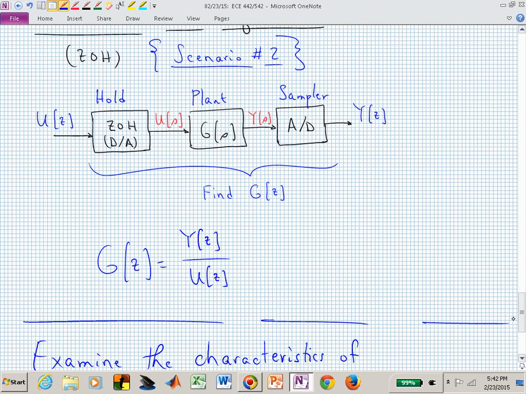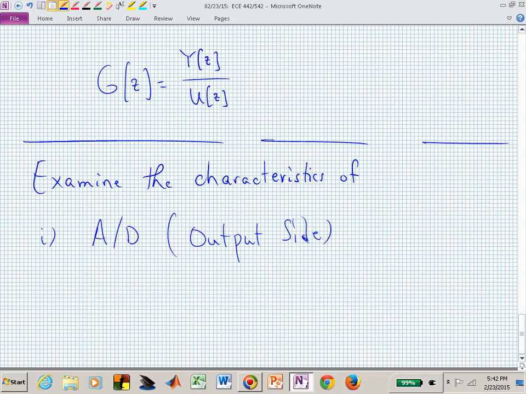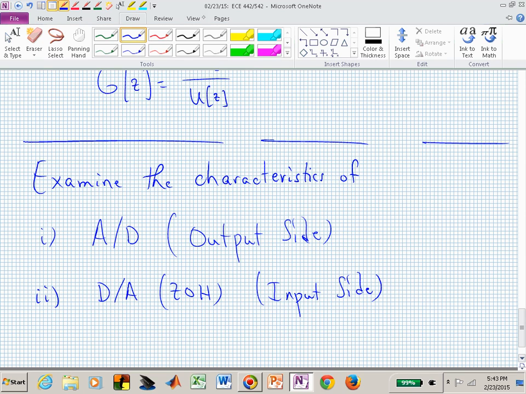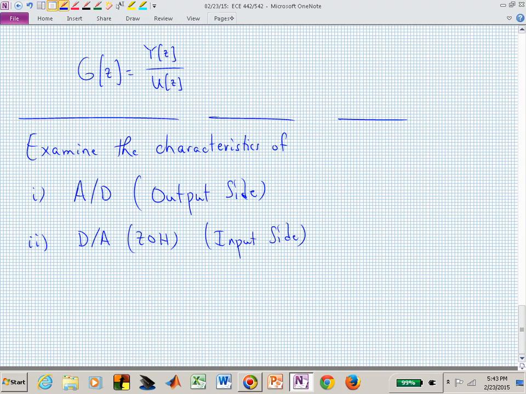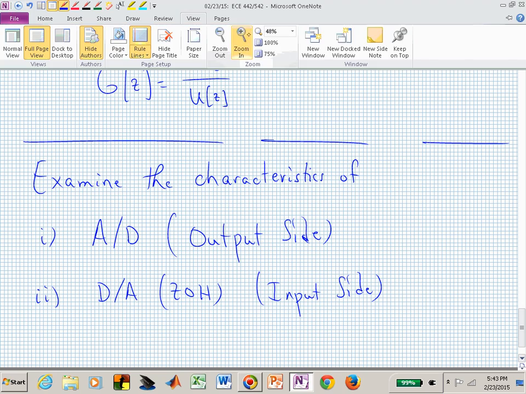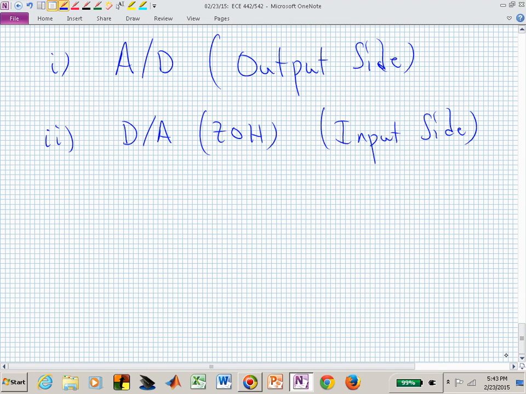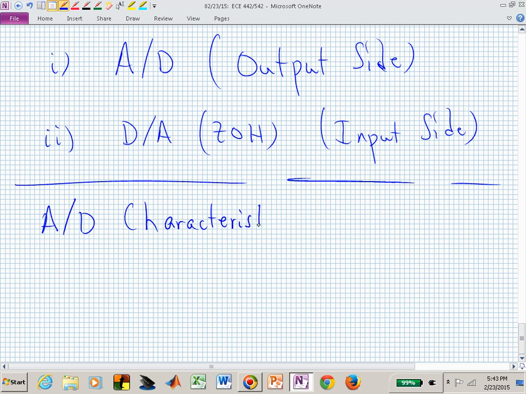Let's look at the output side of these three, which is the analog to digital converter, and then we will look at the hold side, or the input side, which involves this zero-order hold piece. We're looking then at the output side.